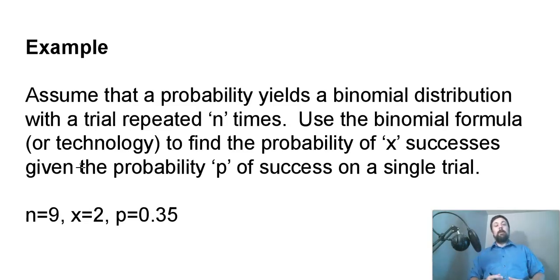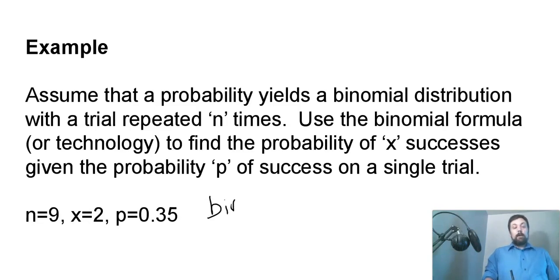So assume that a probability yields a binomial distribution with a trial repeated n times. In this case, n is 9. Use the binomial formula or technology, which is what we're going to do, to find the probability of x successes given the probability p of a success on a single trial. Now notice, you've got to be a little careful here, because this is the way that they will often give you the numbers in the problem.